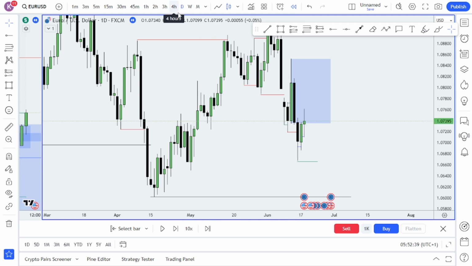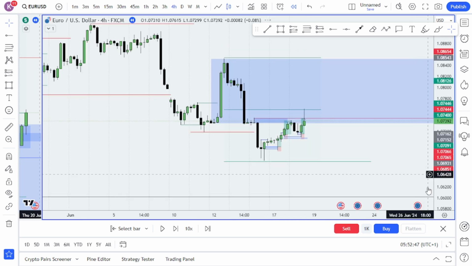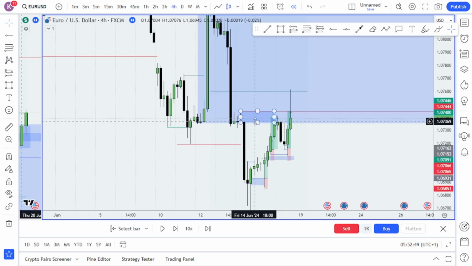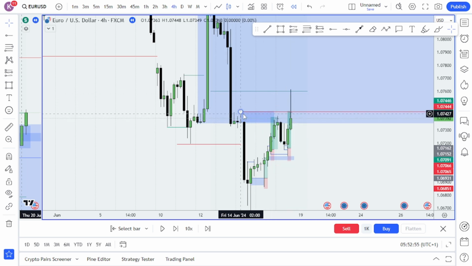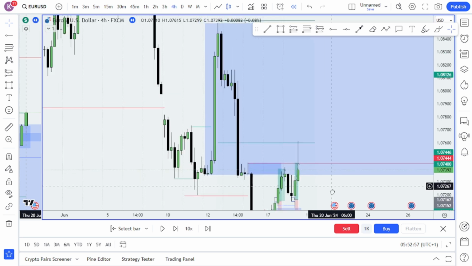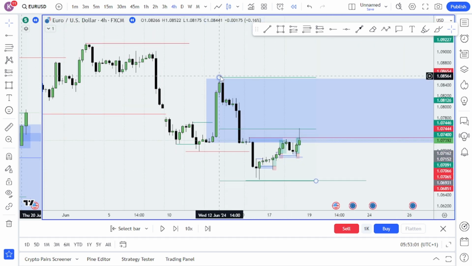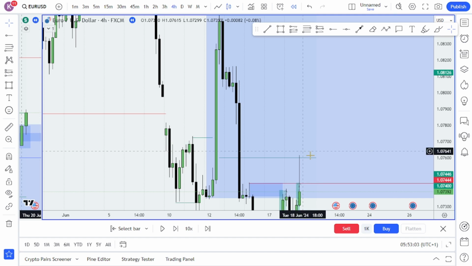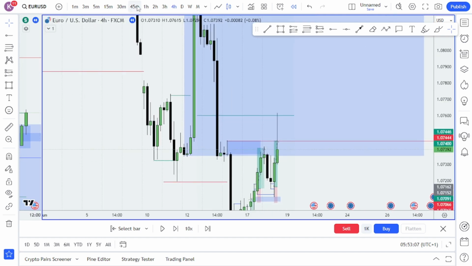So it means price has to mitigate a particular PDRA on the 4 hours around that same zone, because this zone did not hold. But then price ran this high, and not just ran the high, made it into the premium of this big swing. It made it above it. So it's a very good sign that price was to drop.